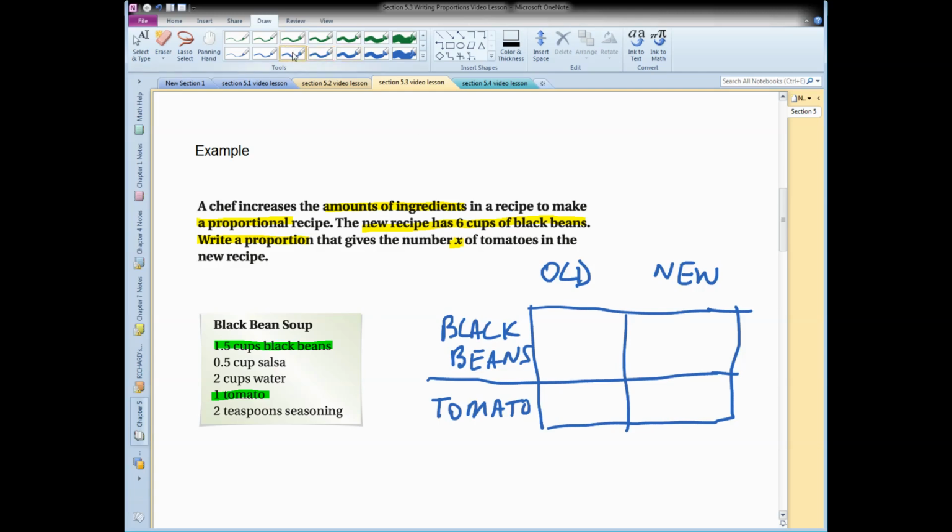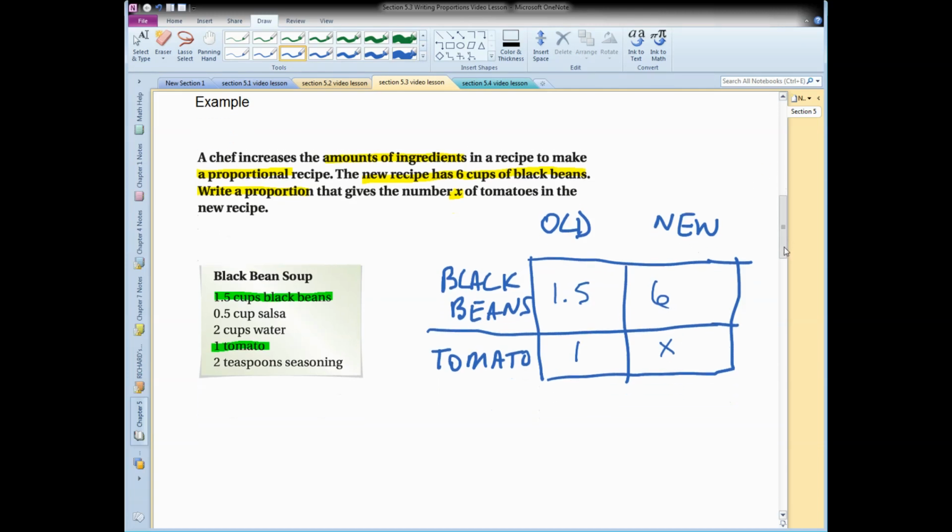In the old recipe, how many cups of black beans did I have? I had 1.5 cups. In the new recipe, I have 6 cups. In the old recipe, how many tomatoes did I have? I had 1 tomato. In the new recipe, I have X tomatoes. If I use that column method, I can write one.